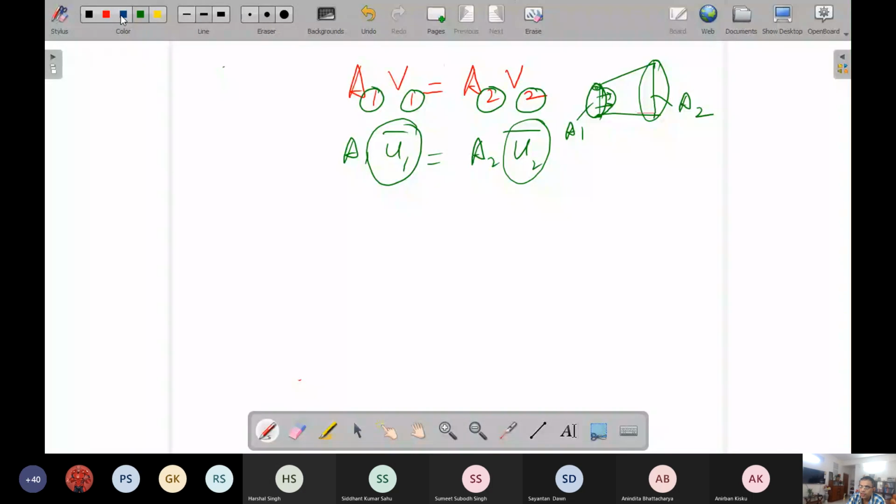These are simply the average velocities over section 1 and 2. So these V1 and V2 are no more velocities at some identified points. These have to be recognized, no matter whatever symbol you use, as average velocities over the respective sections. This is very, very important.